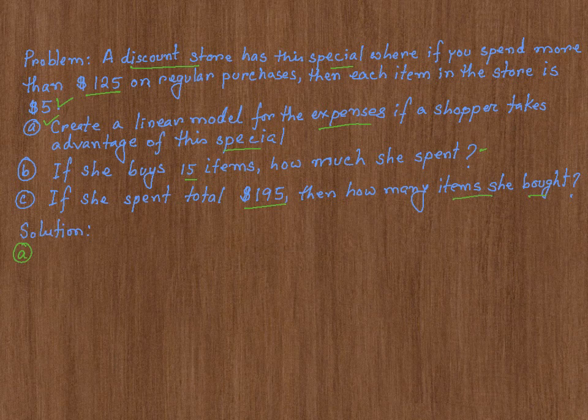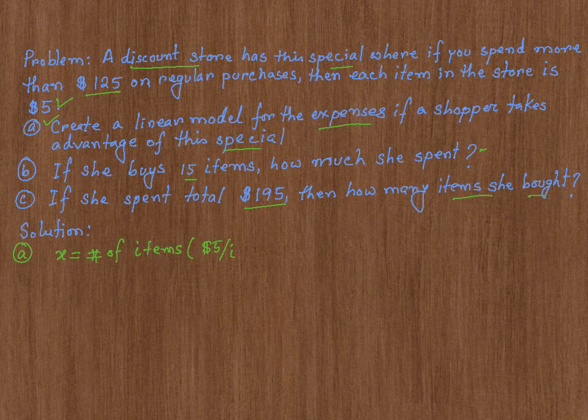We need to create a linear model, and now we have to define some variables. I will define X as the number of items she purchases at $5 per item.